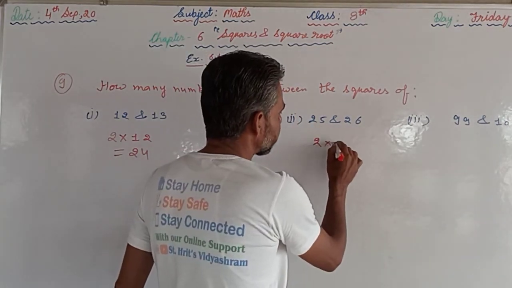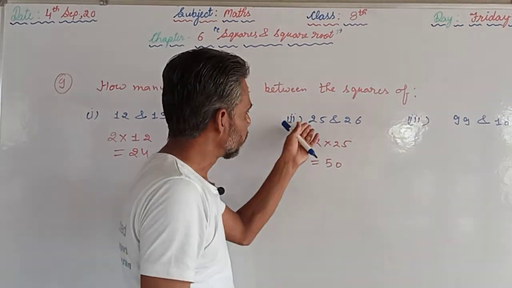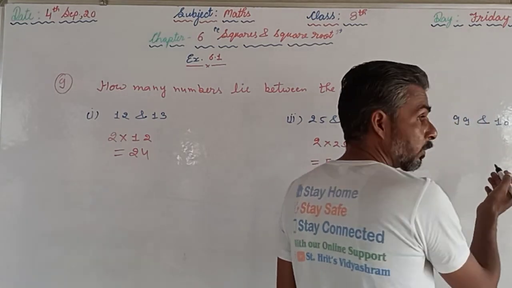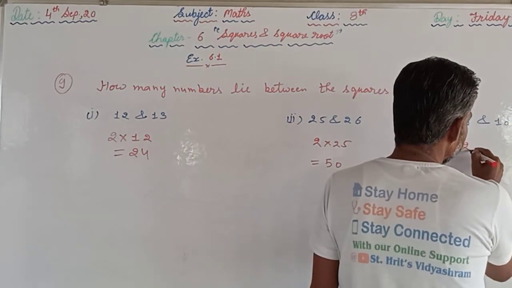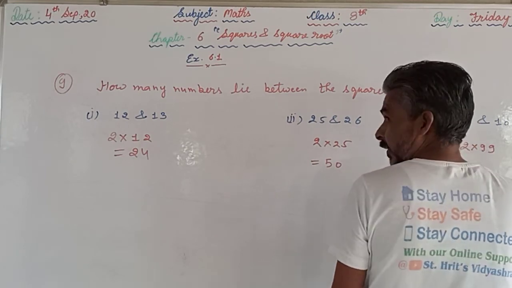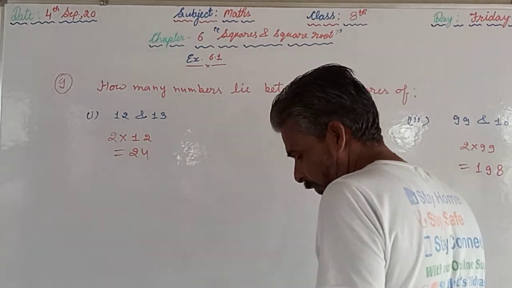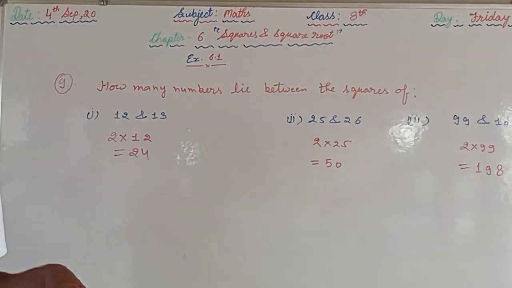So 2 into 25 means 50 numbers are lying between the squares of 25 and 26. Here 99 is the smaller number compared to 100, so twice 99 is 198. 198 numbers will be there between the squares of 99 and 100.